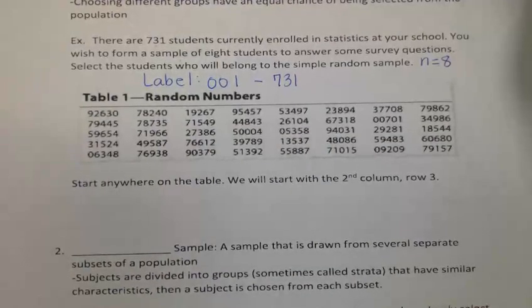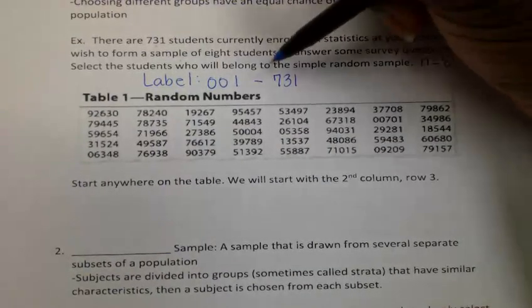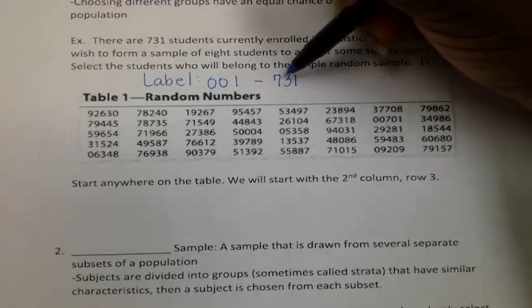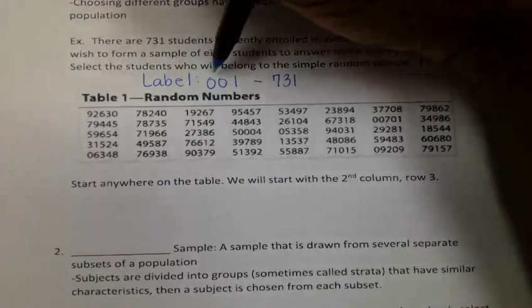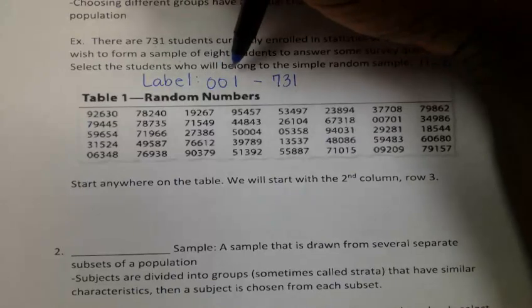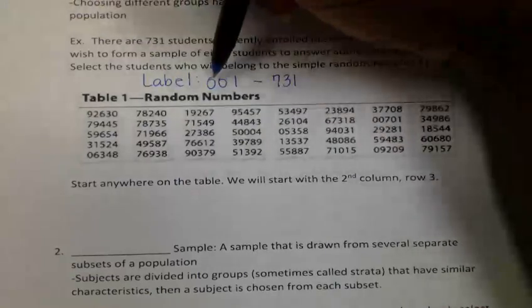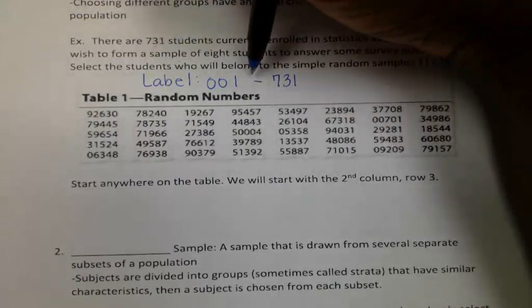I'm going to say that one more time so you don't have to rewind it. The last person has 731 as their number. The first person has to have those same number of digits. I'm going to call them number 1, but in order to randomly use this chart, all of them have to have the same digits.